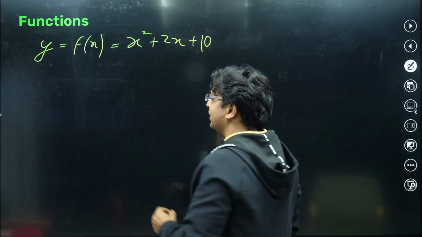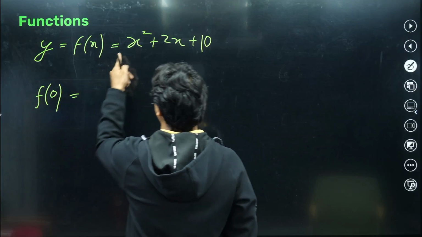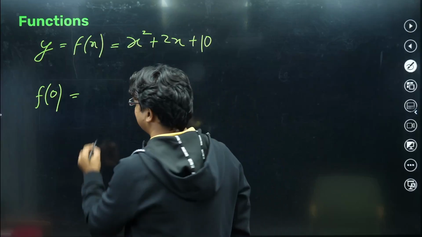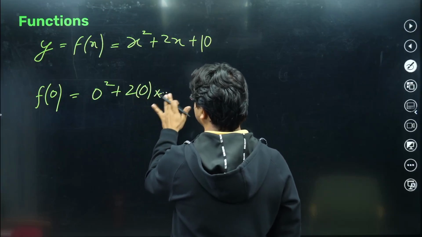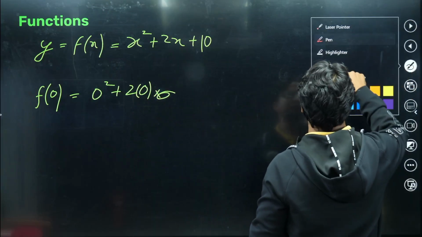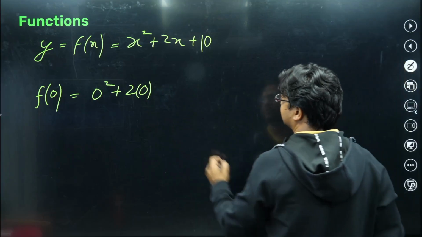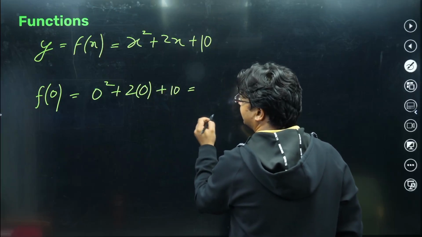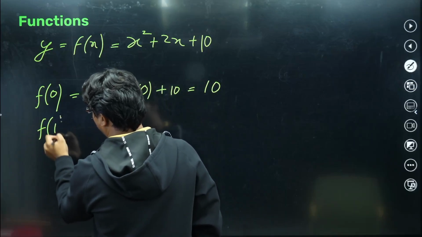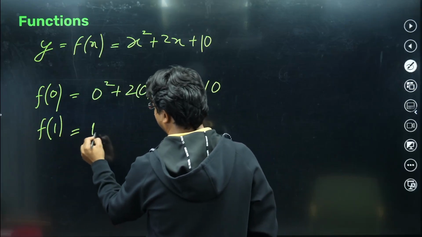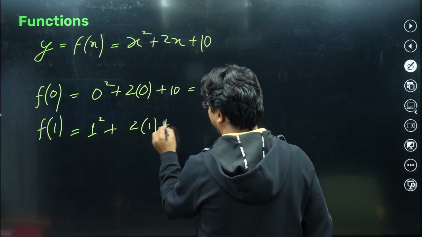Now if I ask you to calculate f of 0, it means that in this expression you will replace x by 0. So it would be 0 square plus 2 into 0 plus 10, so it would be 10. If I ask you to calculate f of 1, it would mean 1 square plus 2 into 1 plus 10.